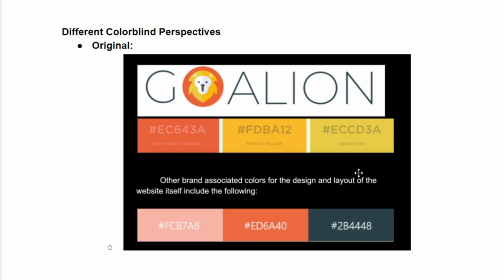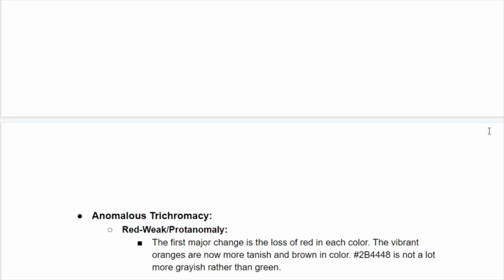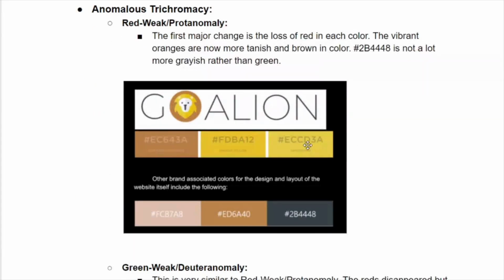This is the original colors, the scheme. Again, these two and these two are very similar, and as you will see, most of the time this doesn't change, these still remain very identical. The first one we have is a red weak color blindness.